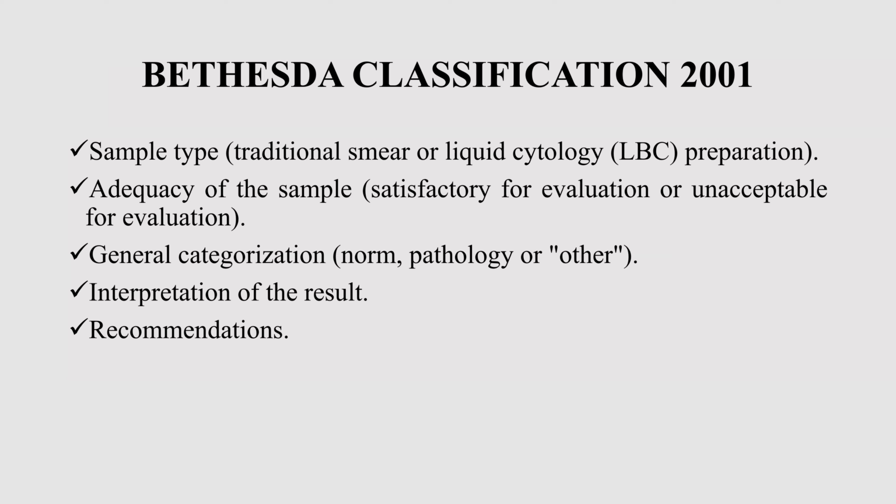It's a sense of leadership around the world in cytology, with general rules about cytology. According to this classification, we evaluate adequacy of the sample, type, and categorization, like precancerous, benign, malignant, normal tissue.